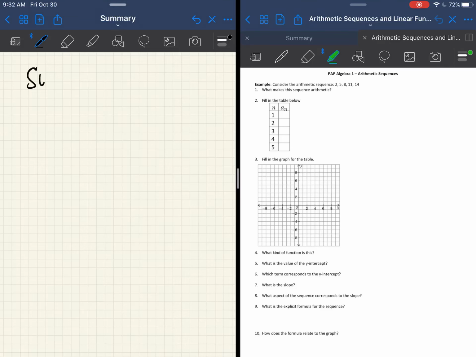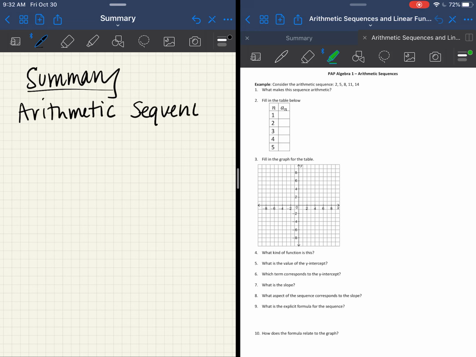All right, so as a quick summary for arithmetic sequences, you have a common difference, which means you're adding, or if the number's negative, subtracting the same number to get to your next number.